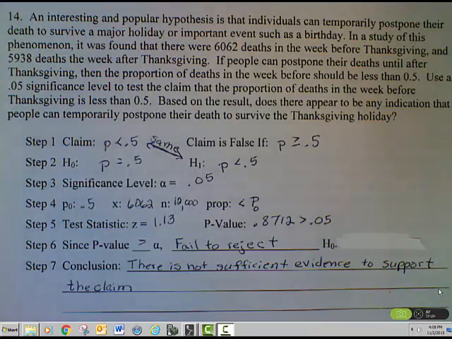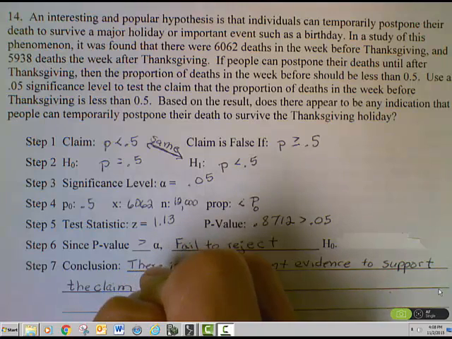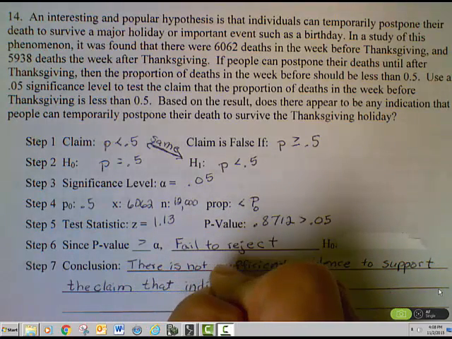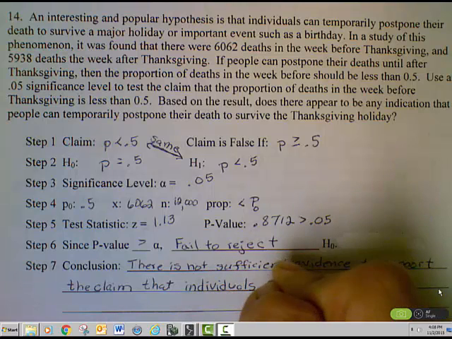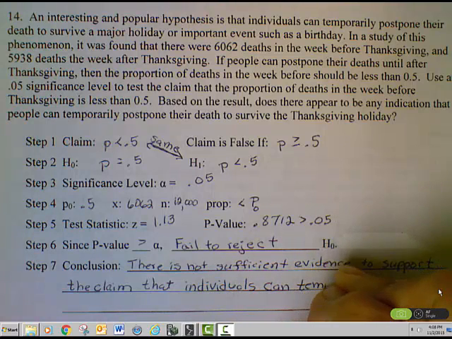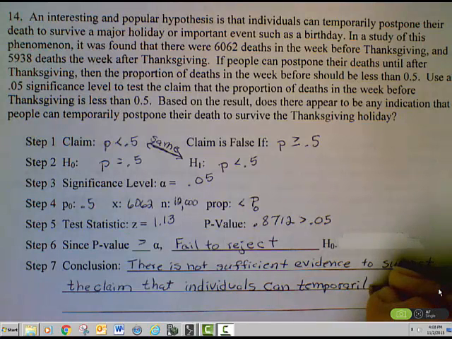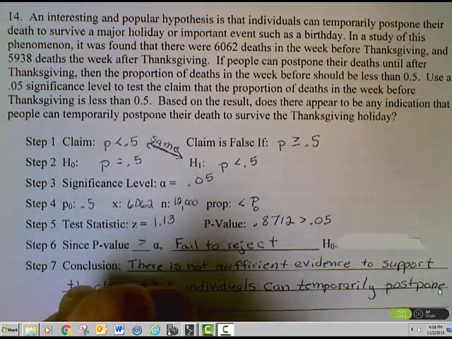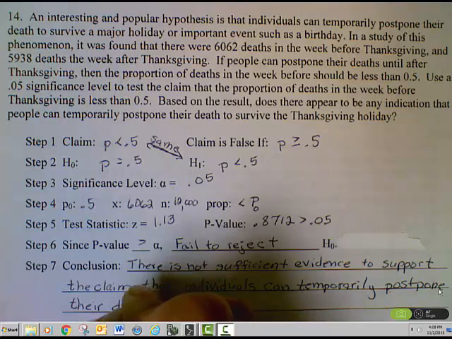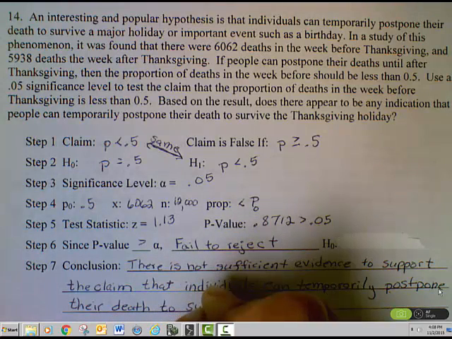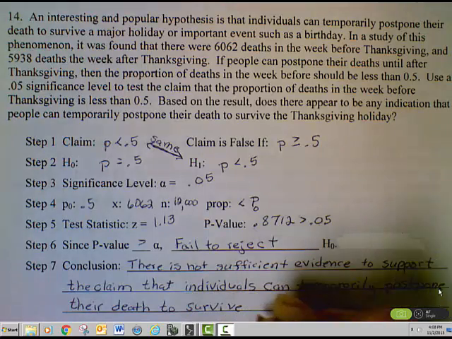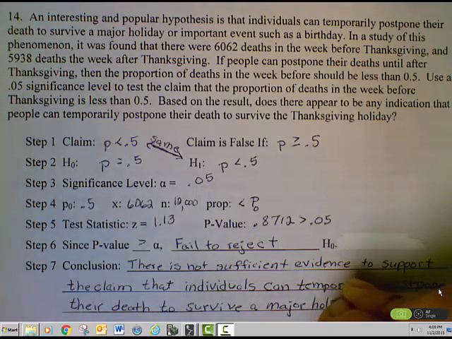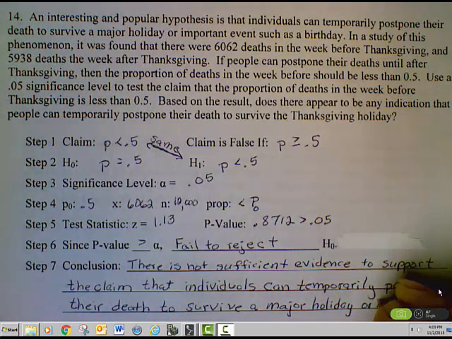Since we don't have enough evidence to support that, I'm going to word the claim that individuals can temporarily postpone their death to survive a major holiday or important event.